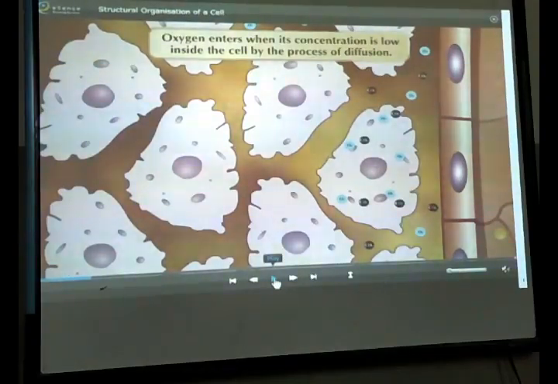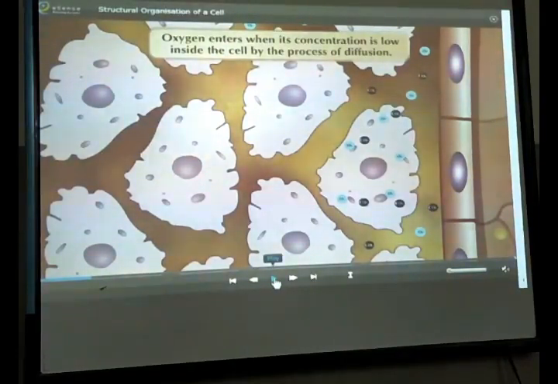Oxygen enters when its concentration is low inside the cell by the process of diffusion. So a reverse process is going on here. Okay, oxygen enters when concentration is low inside.